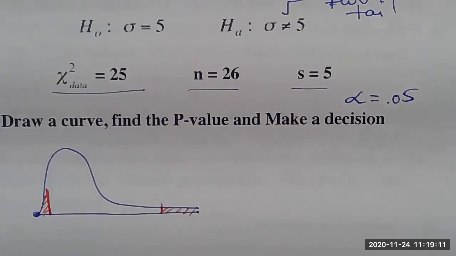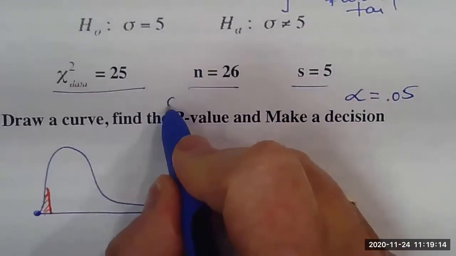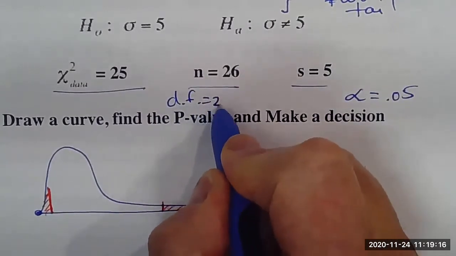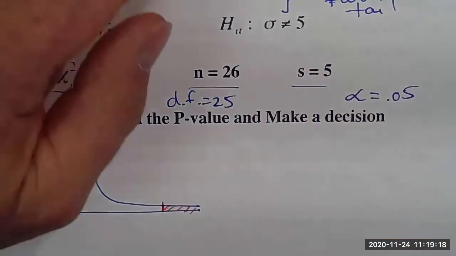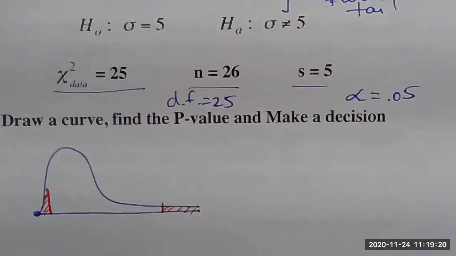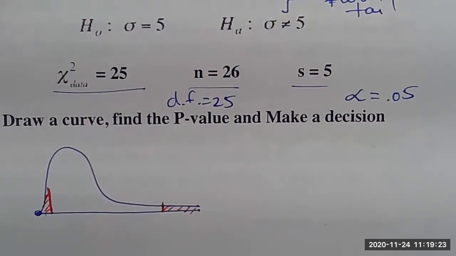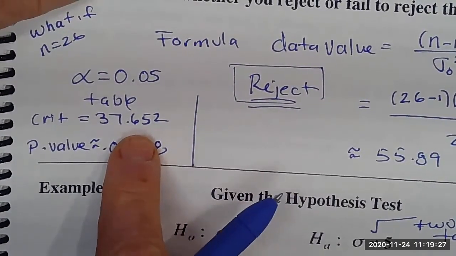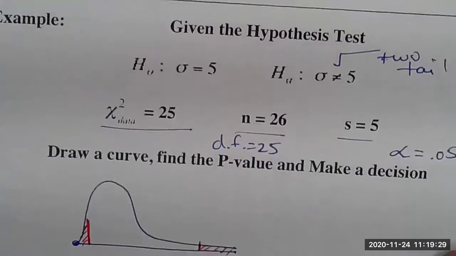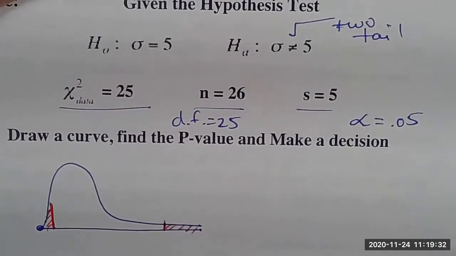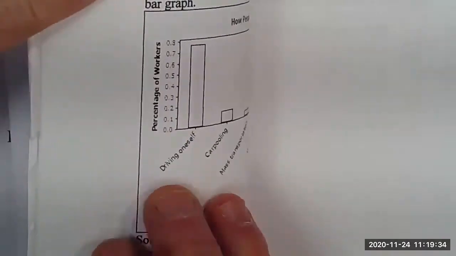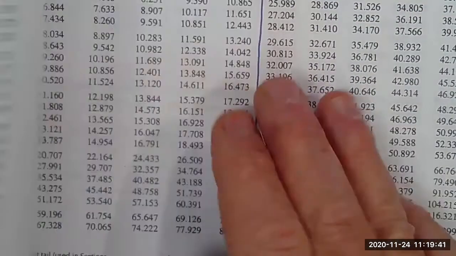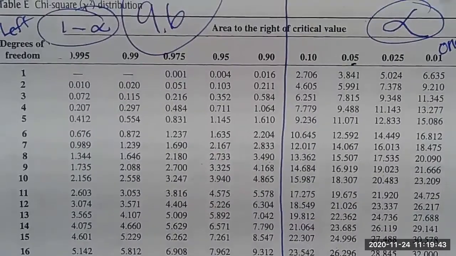Okay, go into the table. Degrees of freedom again is 25. Well, that's convenient. I should find 37.652 again, but there's another number that goes with that, so I'll show you how to do that. 0.05 two tail.